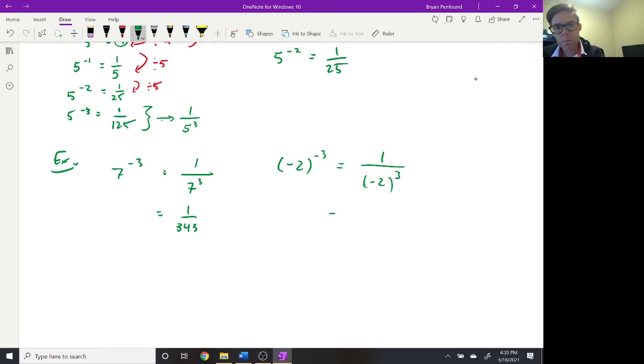So now I'm thinking about this as 1 over negative 2 times negative 2 times negative 2. Okay, 2 times 2 times 2 is 8, but we have a negative times a negative, which is a positive, times another negative, which is a negative. So we should get -8 in the denominator. So that's how we interpret negative 2 to the power of negative 3. We get -1/8.